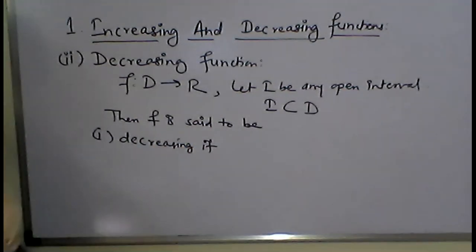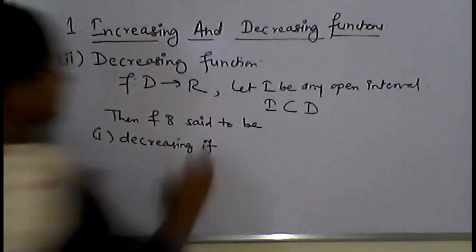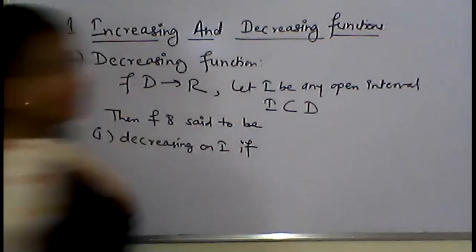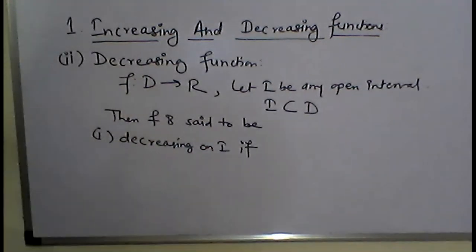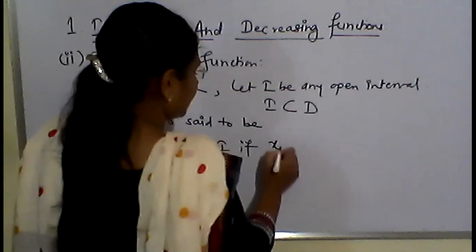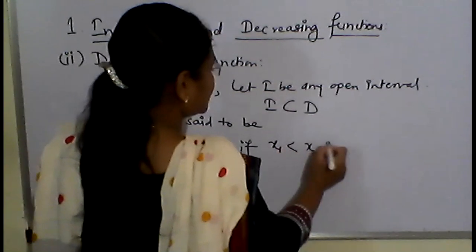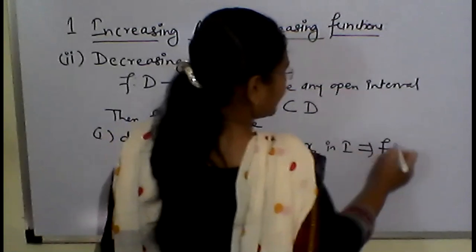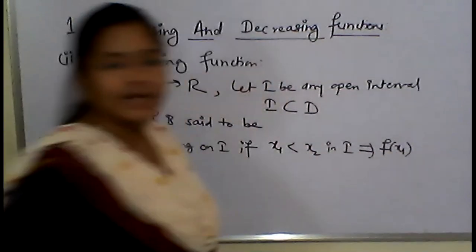A function f is said to be decreasing on I if x1 less than x2 in interval I, which gives f of x1... Now students, can you guess what the condition will be?